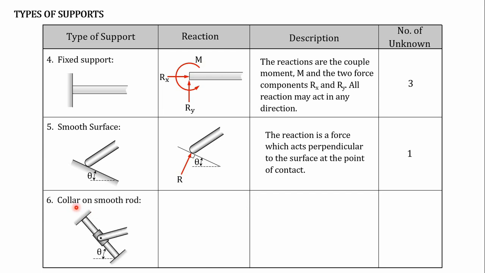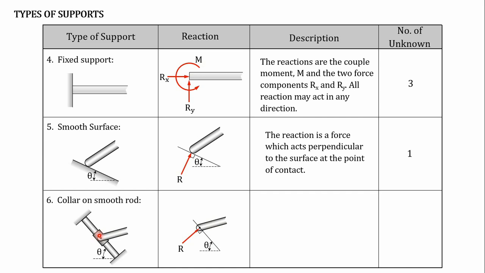Panganim class, may tinatawag tayo collar na smooth rod. Ito yung smooth rod natin. So, kapag nag-draw tayo ng free body diagram class, ito yan. Explain ko lang kung bakit ganyan class.